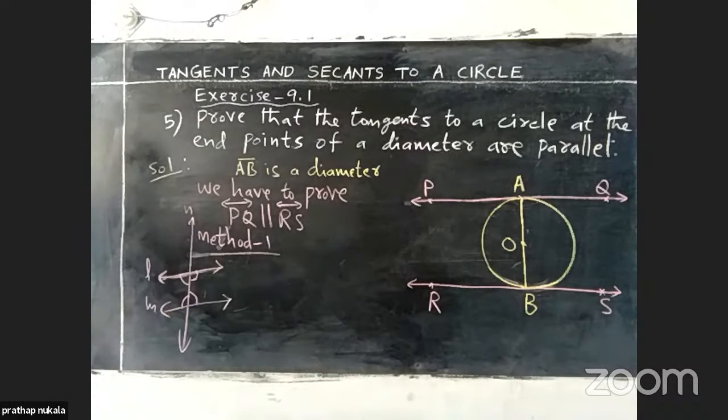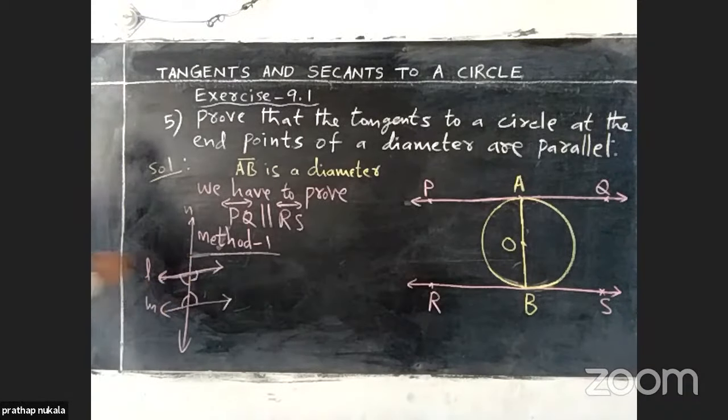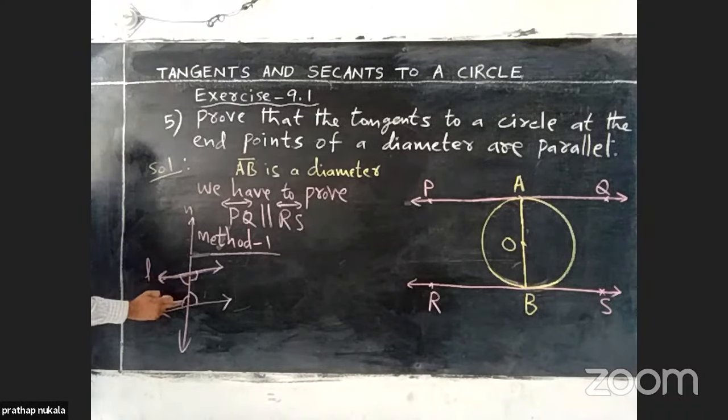Alternate means one angle is on one side of the transversal line and the other angle is on the other side of the transversal line. Then those are called alternate interior angles. Already we know.